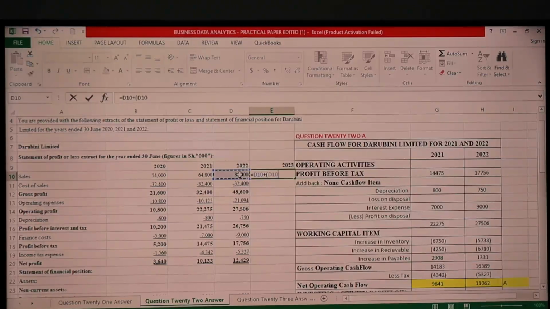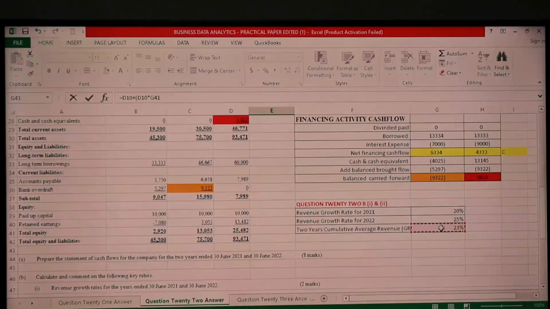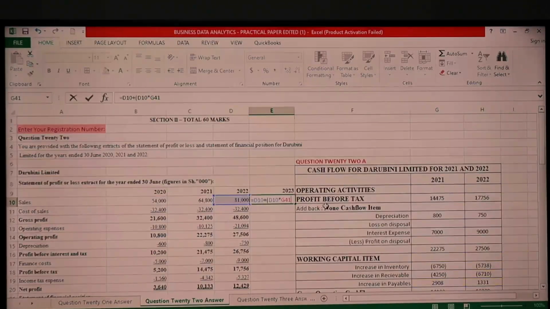The growth is this amount here, multiplied by the 23% that was computed down here. So you have to refer to that cell, and that cell has to be made absolute. So you press F4 to make the cell absolute. And once you do this, you get the projection for 2023.